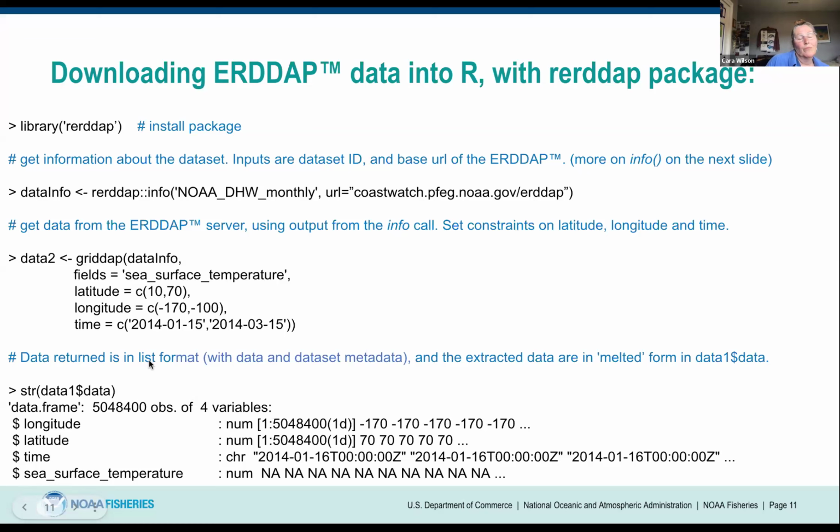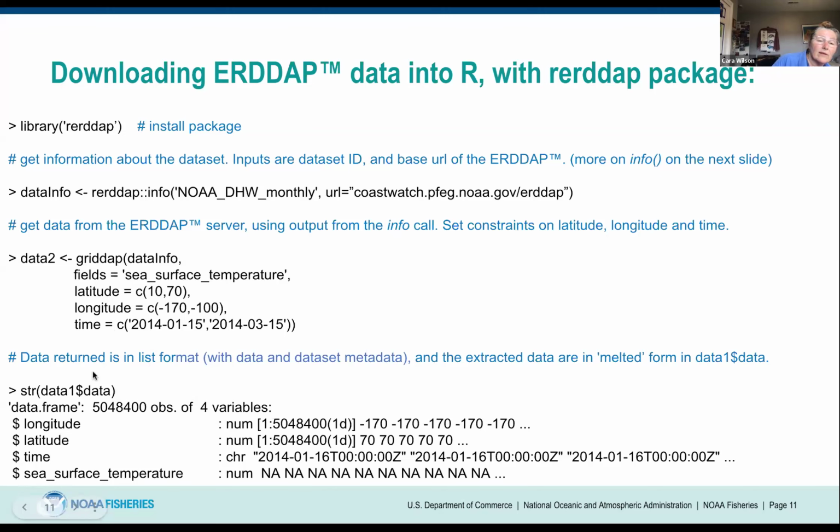Actually, back up. The data that's returned by this griddap command is actually in list format. So it has the data, and it has the data set metadata. There's actually a lot of information in there. But the extracted data itself is in a variable called data within there.